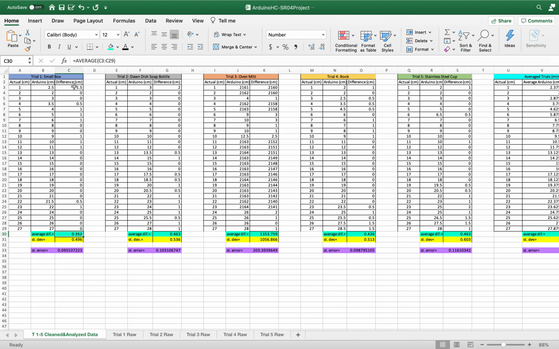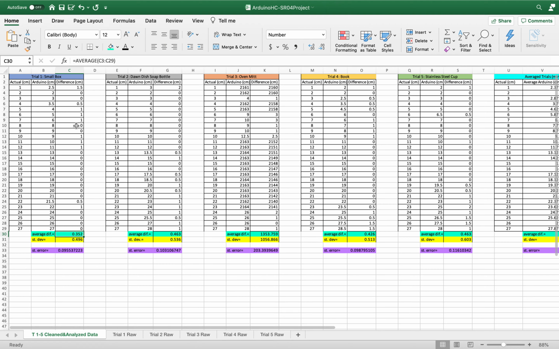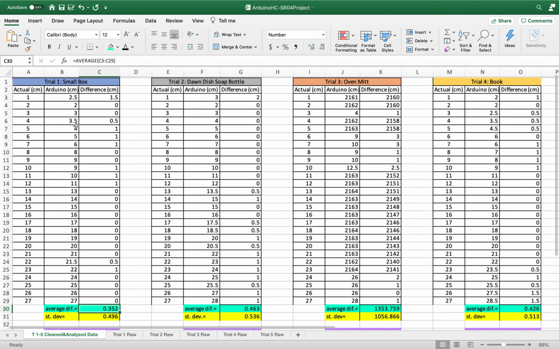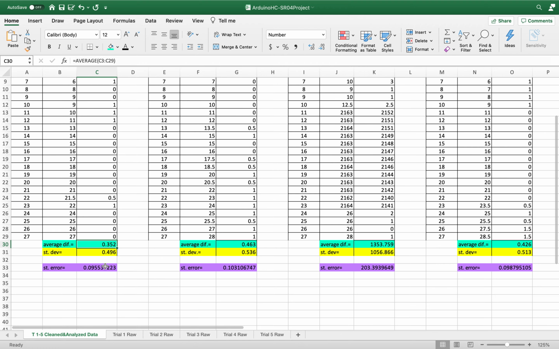So basically for each one, what was the average amount that it differed, and that ended up being for our small box, our first trial, for example, 0.352 centimeters was our average difference.